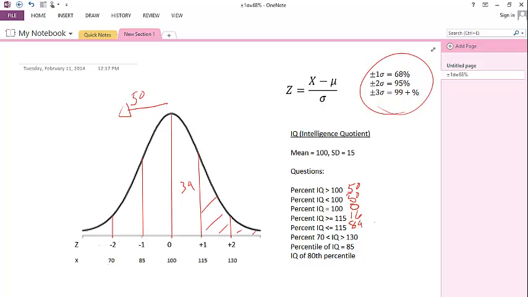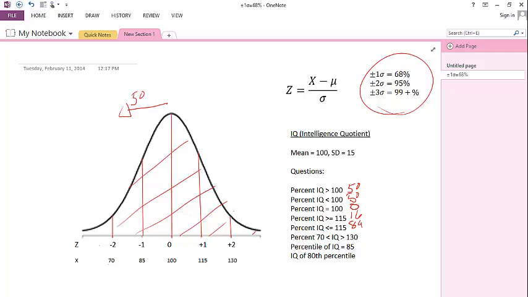Okay, next one is IQ between 70 and 130. So in this case, 70 and 130. So that would be this area. So this one's easy because it's plus or minus 2 standard deviations.